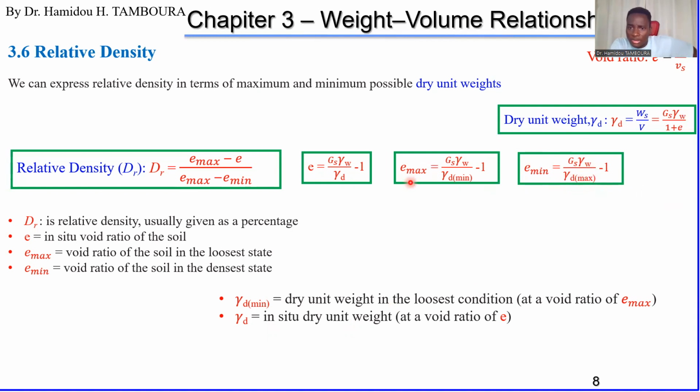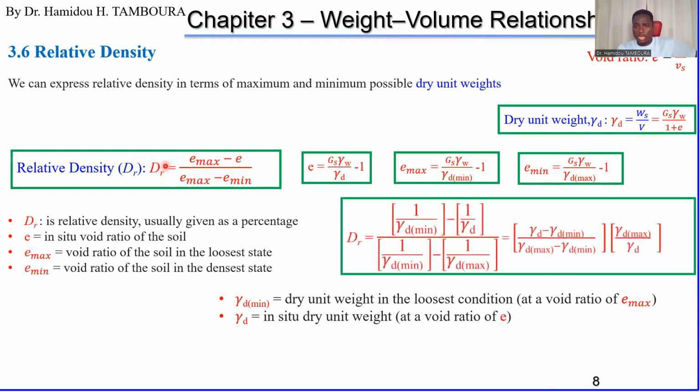So by replacing the E maximum and E minimum, these two, in this formula, and the E also, of course, we replace them in this formula of relative density, you can get this as the formula of relative density using only the dry unit weight.